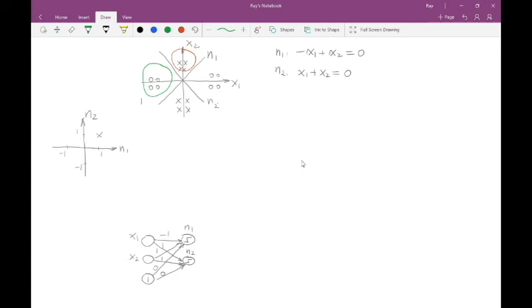This region only contains circle class data, so we draw a circle at point 1, negative 1 in N1, N2 space. With similar reasoning, we can draw a cross at negative 1, 1, and a circle at negative 1, negative 1.